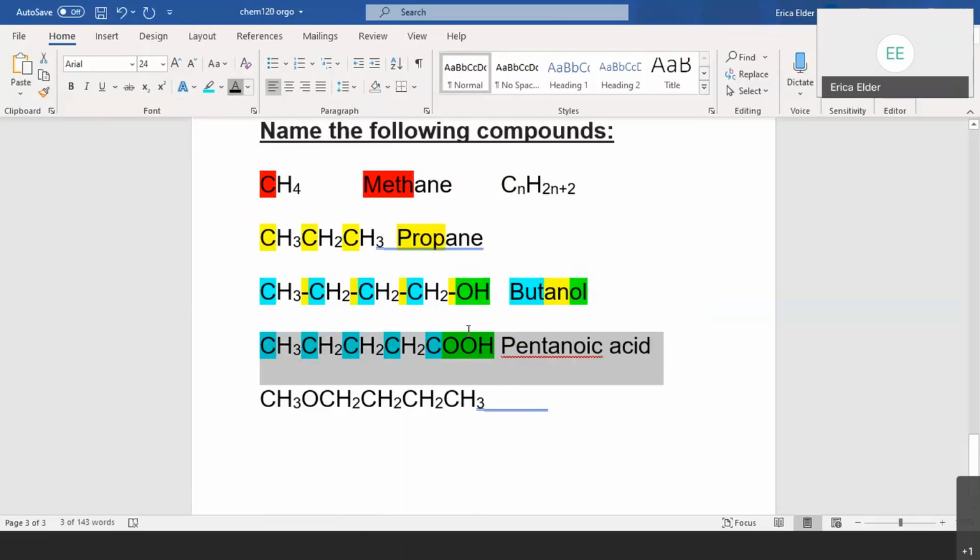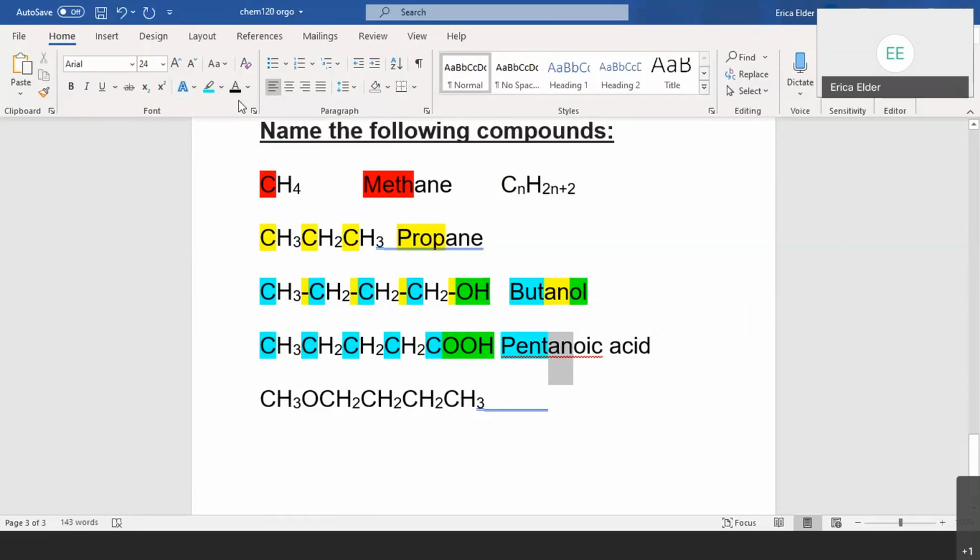Here you see pentanoic. So there is our pent for our number of carbons. The AN, of course, this A notates that we are dealing with the alkanes.